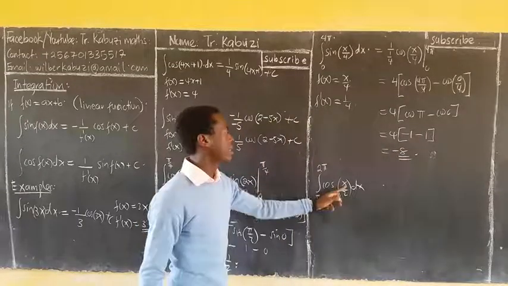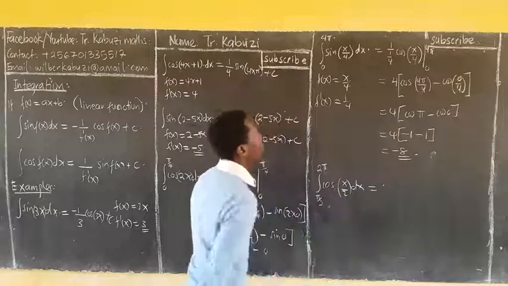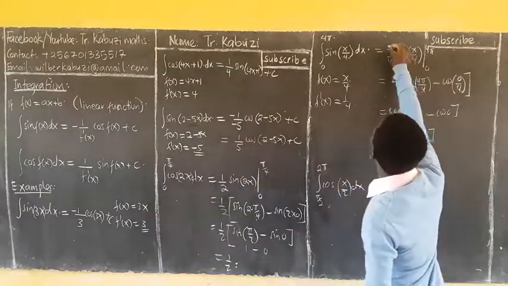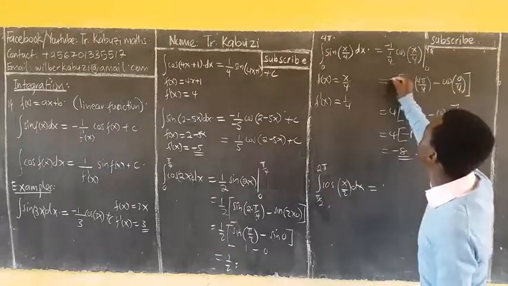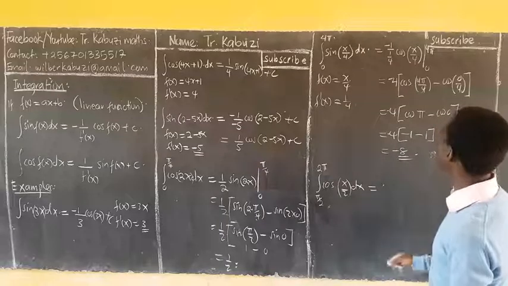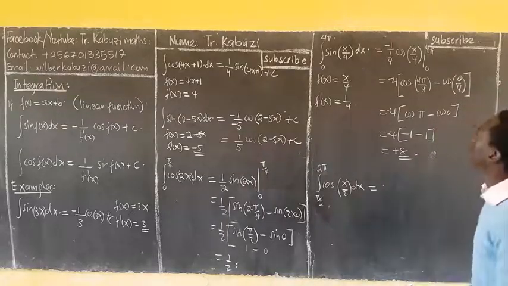Now we come to this one. When we integrate sine, we add our negative, because integrating sine gives the negative of cos. So this was negative, negative, now this one gets a positive.